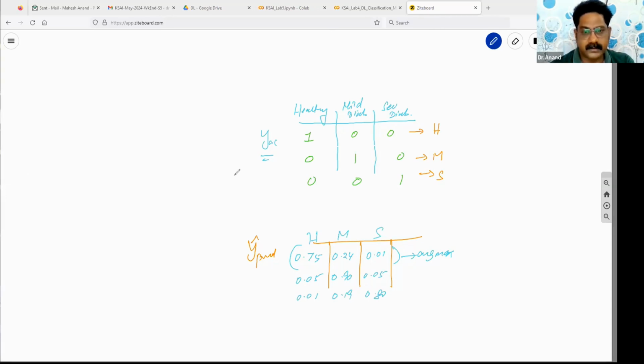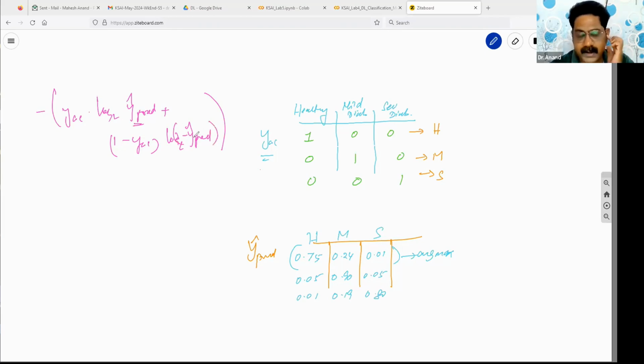Let me do it here. Y actual log base 2 y cap predicted plus 1 minus y actual log base 2. So this is the positive class, and 1 minus y predicted is considered for the negative classes.